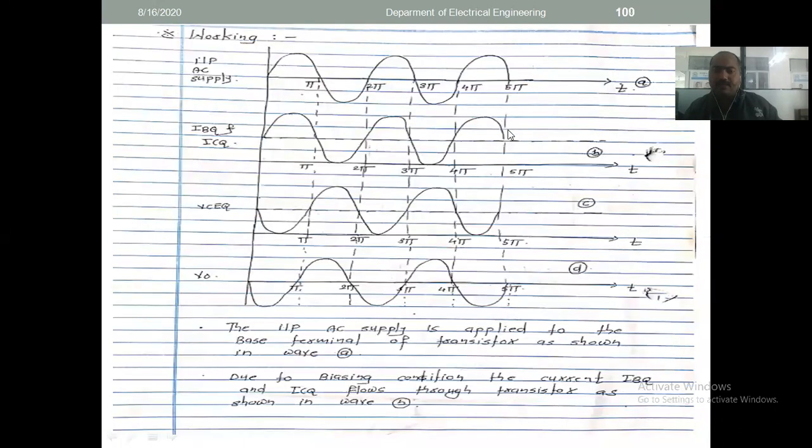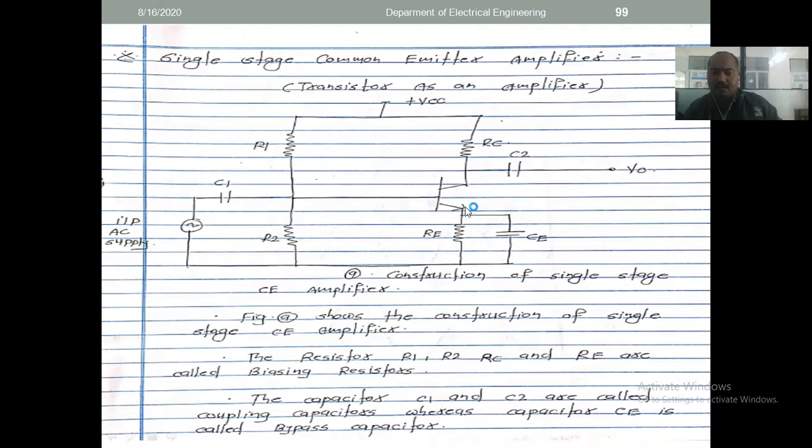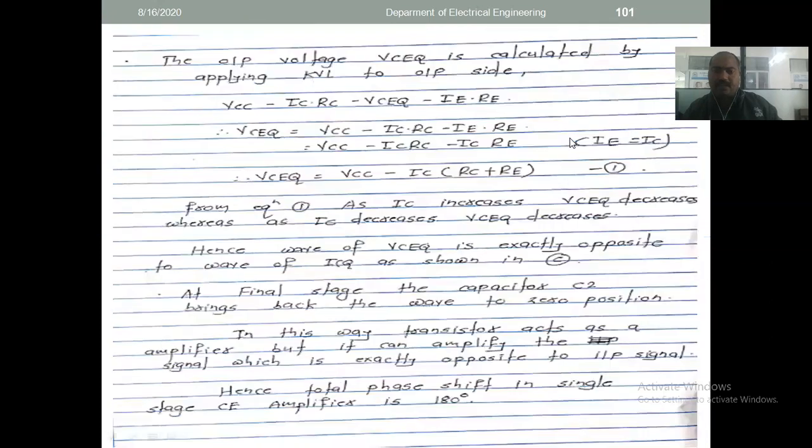Whatever current is flowing through this RE, that is IE. So your total equation is plus VCC minus IC into RC, minus VCQ, minus IE into RE. Taking the equation with respect to VCQ, VCQ indicates the collector-to-emitter voltage, right?